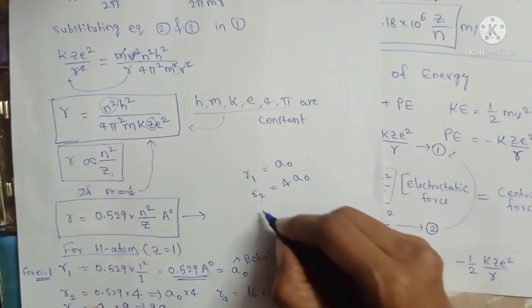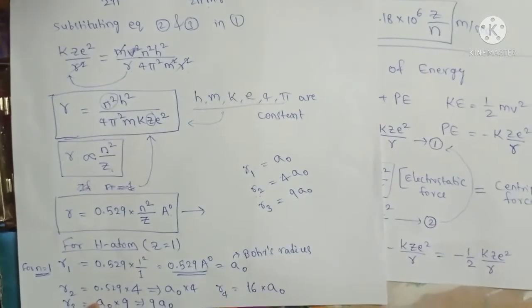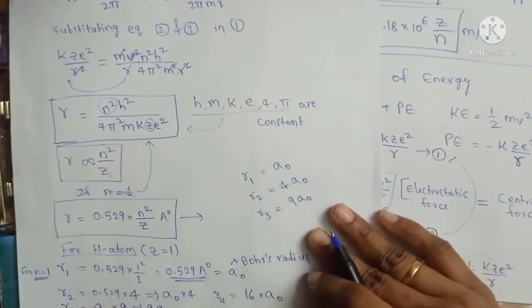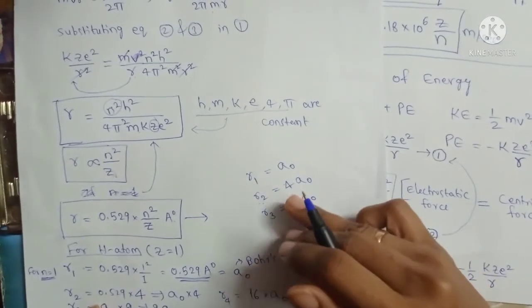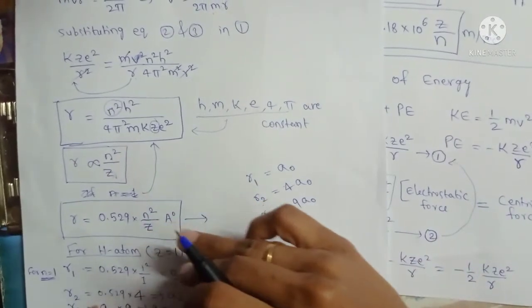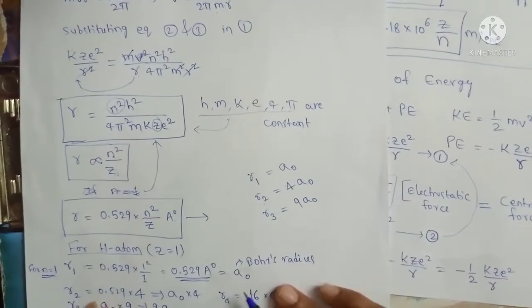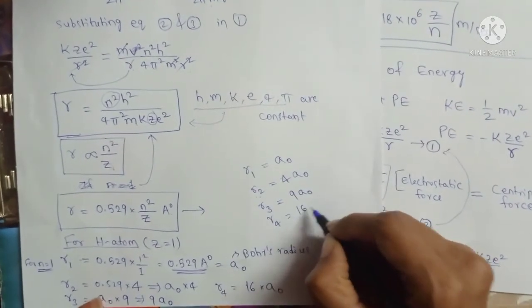If you calculate the third orbit radius, it will become 9 A naught. So the radius is proportional to n square, so as n increases, R4 will become 16 A naught.